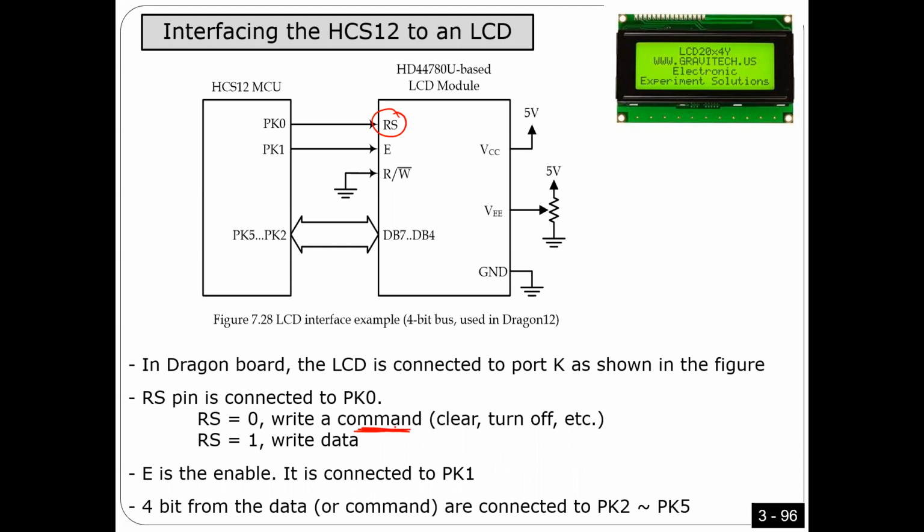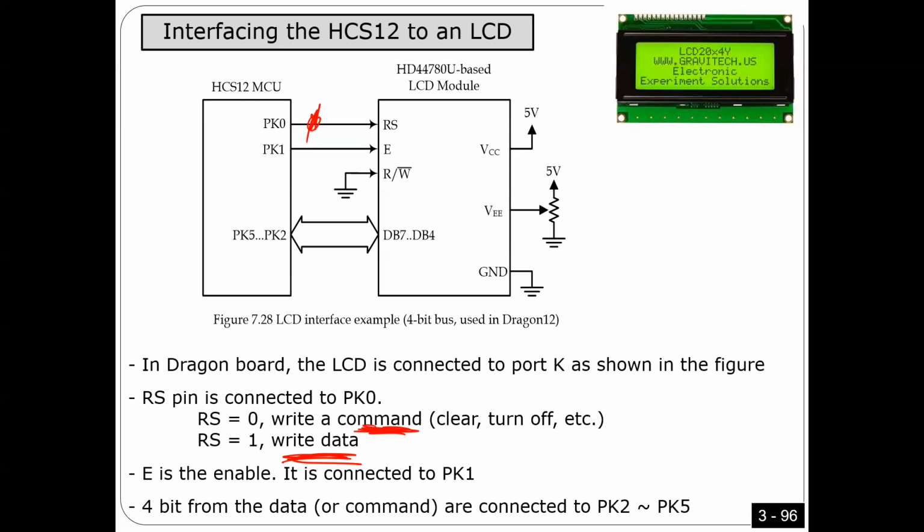If you want to send a command, you have to put 0 here, to tell the LCD that what I'm going to send to you is a command. If you put 1, that means what we are going to send to you is data, and by data I mean a character you want to display on the LCD.